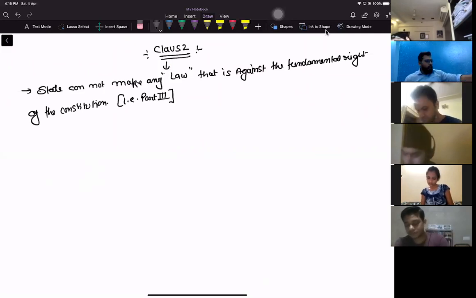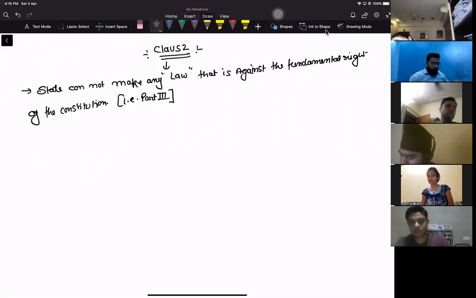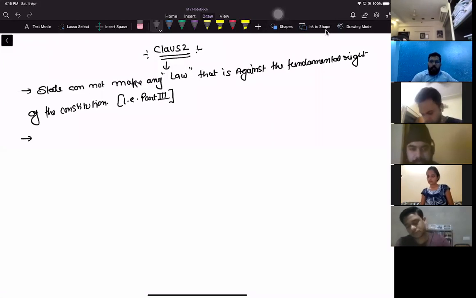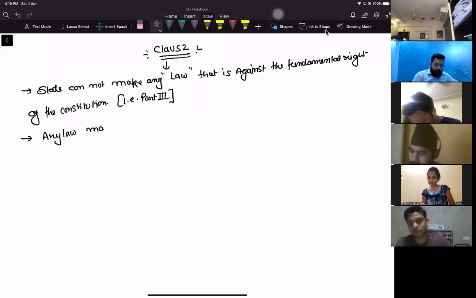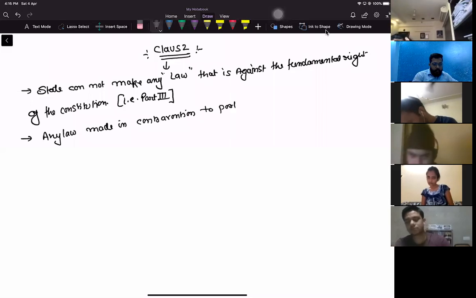You cannot make any law which is against part 3rd. That is, this says if any law is made in contravention to part 3rd, it is void to that extent.